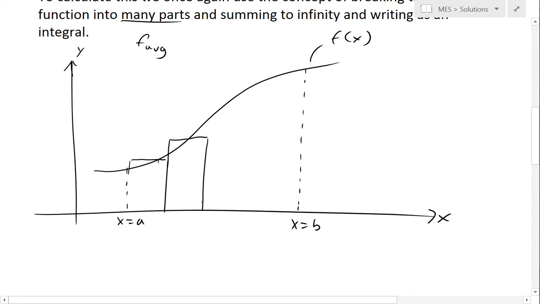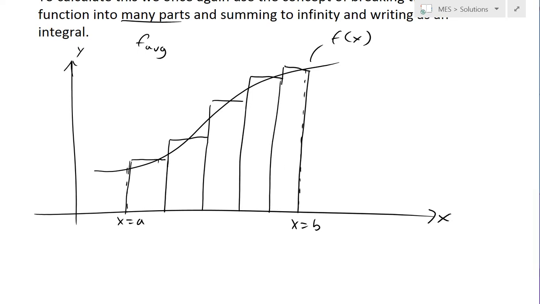So if we were to draw a bunch of rectangles, where it touches doesn't have to be the center, it could be pretty much anywhere, but in this example I'll just use the center right here. So now we have in this case 5 rectangles.